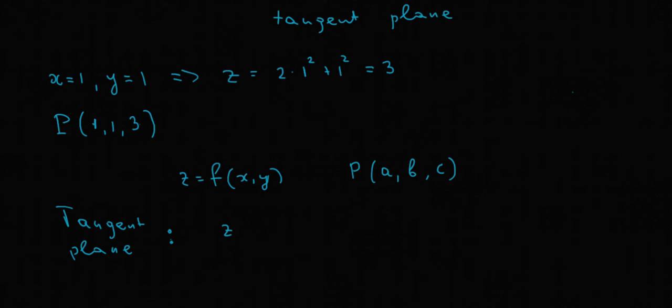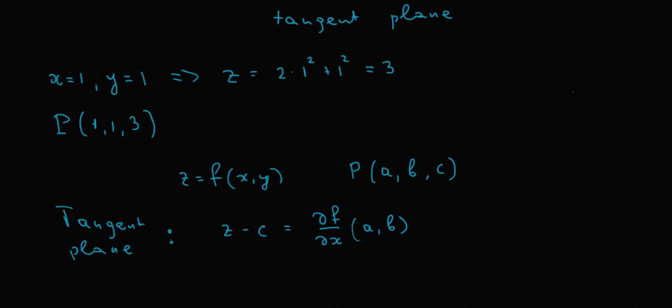So the equation of the tangent plane is z minus the z coordinate of the point P, so z minus c equals the value of the partial derivative of f with respect to x evaluated at the point (a, b).